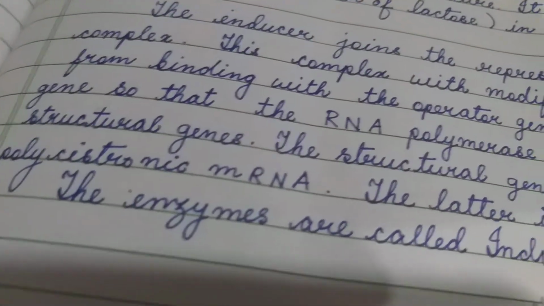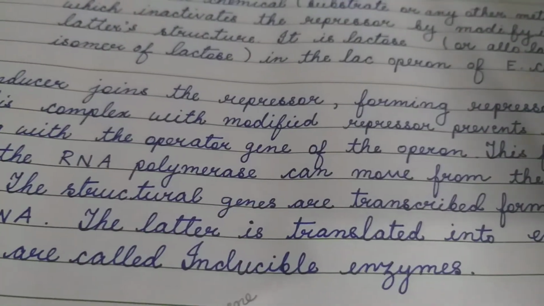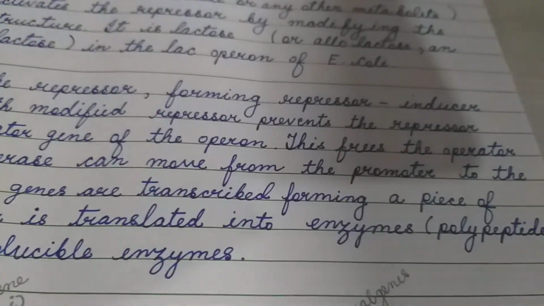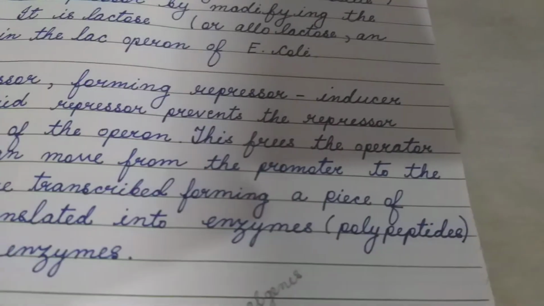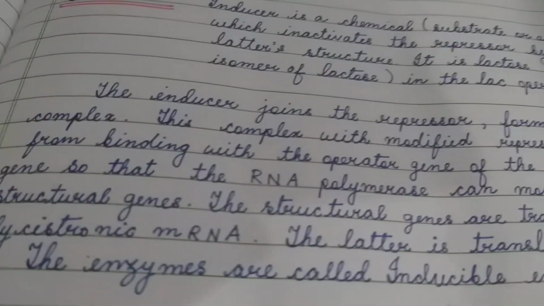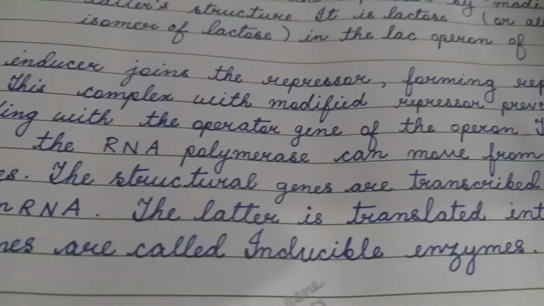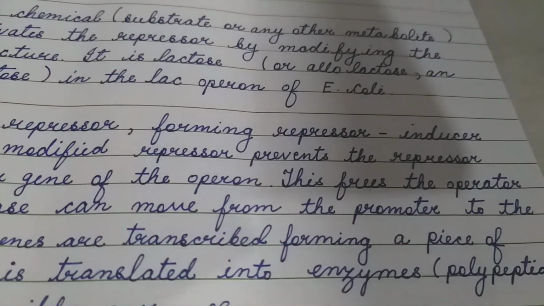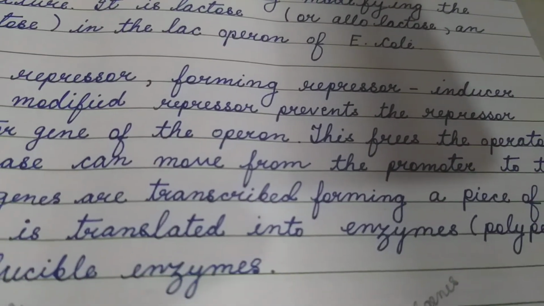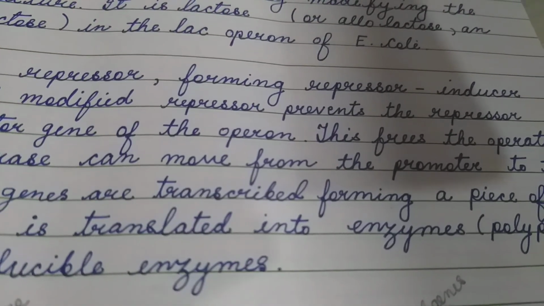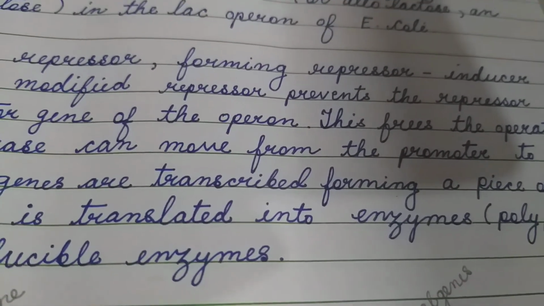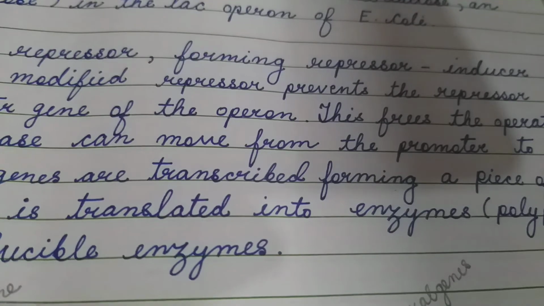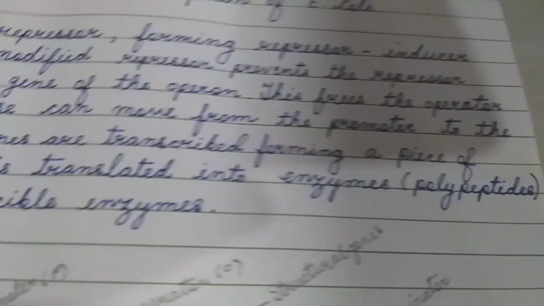Transcription occurs. This messenger RNA is now translated into enzymes. Translation occurs. These enzymes are called inducible enzymes. That means structural genes are expressed. They have formed the enzymes and the polypeptides.